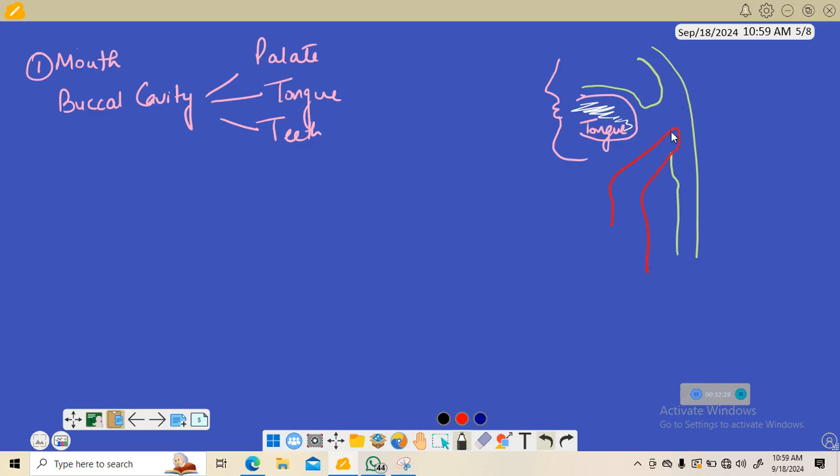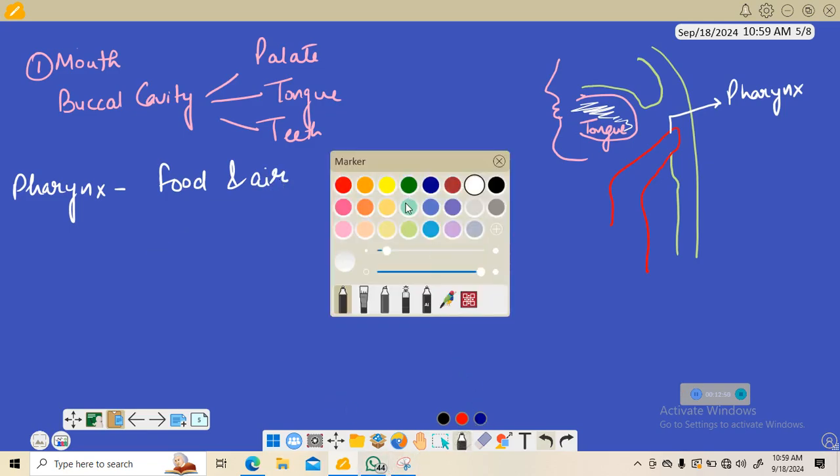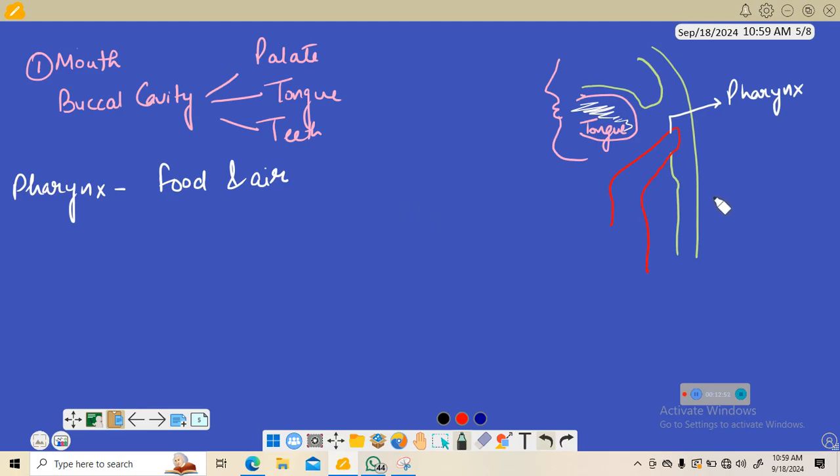So here we have the pharynx. Now what is the pharynx? It's a common passage for food as well as air. After the pharynx comes the epiglottis.